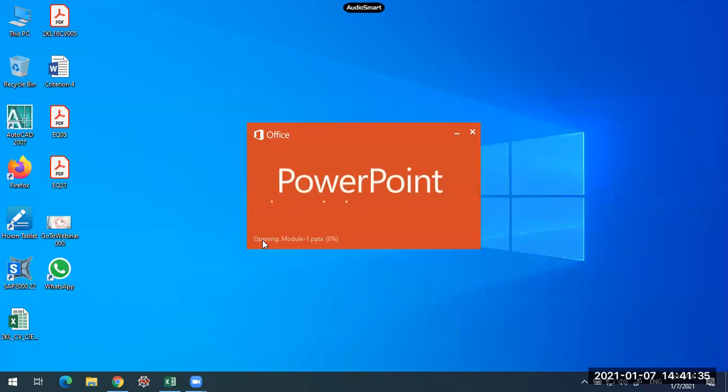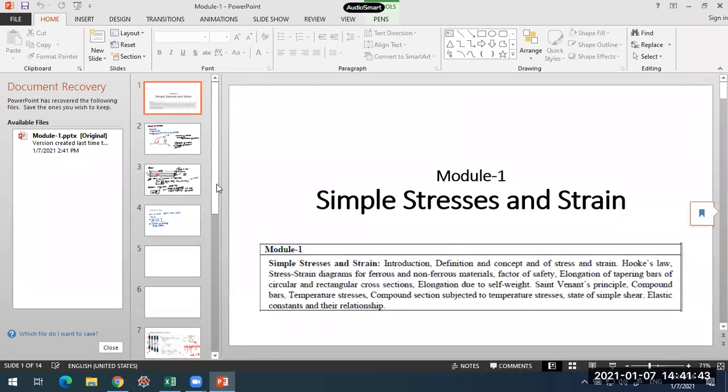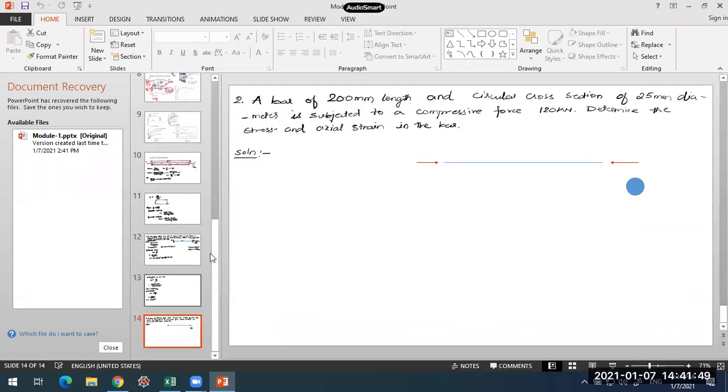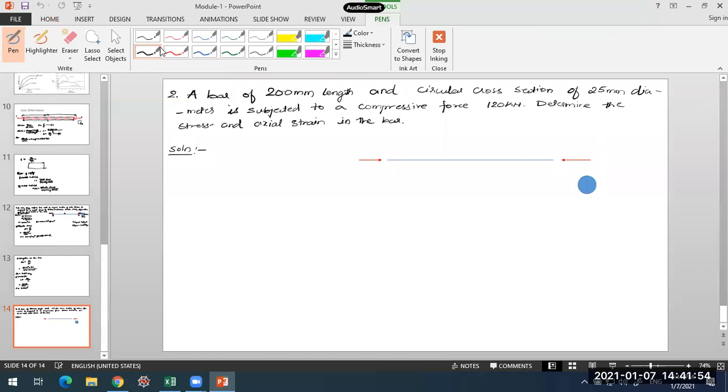With that, can you find out what is the strain? First, what is this change in length, deformation? Change in length, we have 120 into 10 raised to 3, and this I'll take to be negative because this is a compressive force.